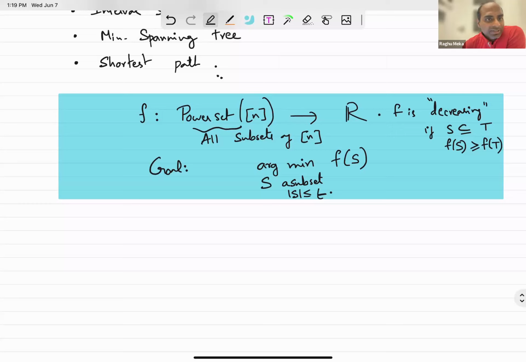Every time you pick an element, let's say you have to pay $1, you get to pick t elements. What is the least value you can get?